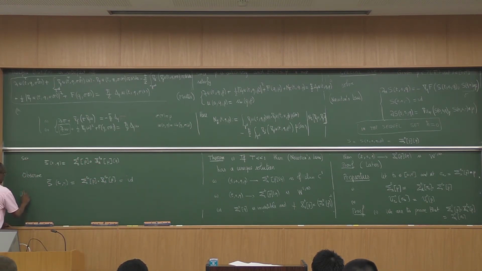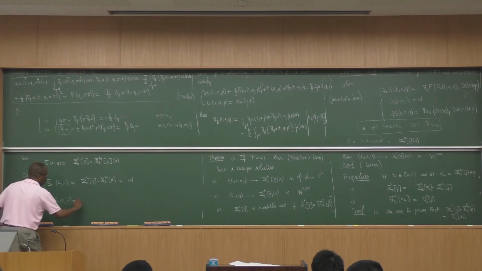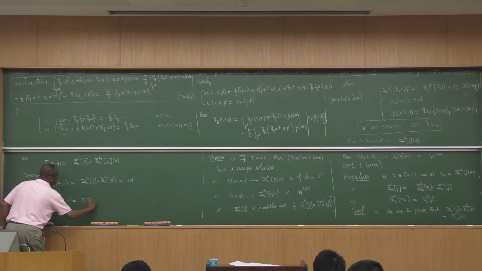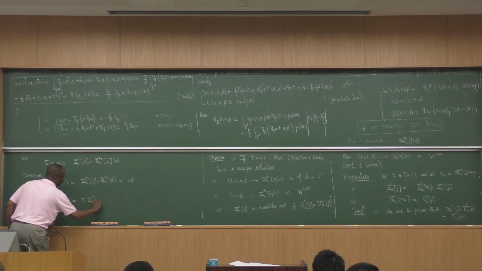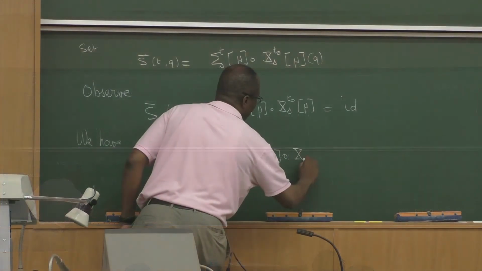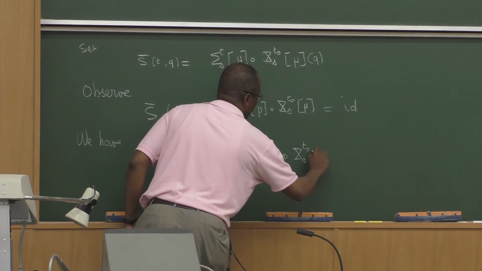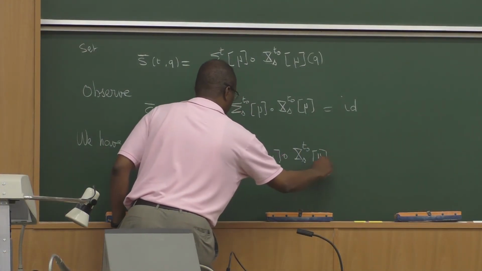We have dt S bar of T equal to dt sigma T, sigma S T mu, composed with S T naught mu.